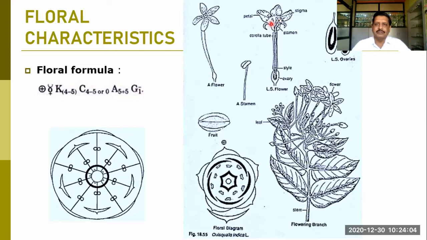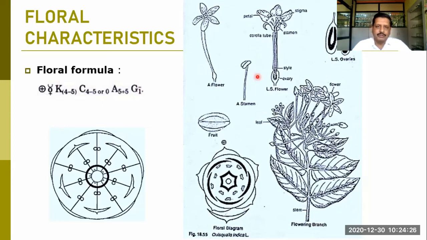Then here we can see the petals which are free. So corolla tube formation means a gamopetalous condition, but it is rare. In most of the members, petals are free.